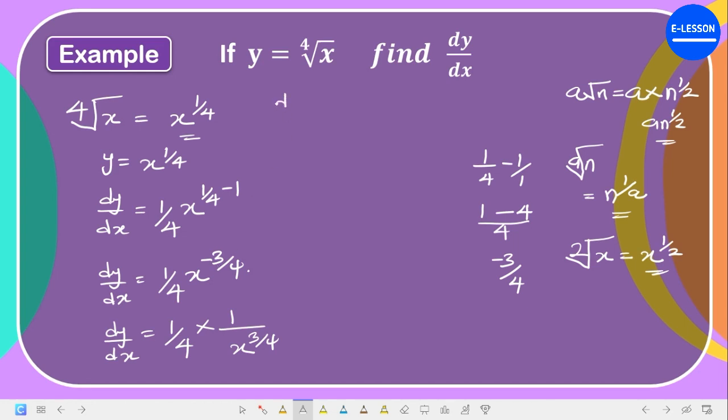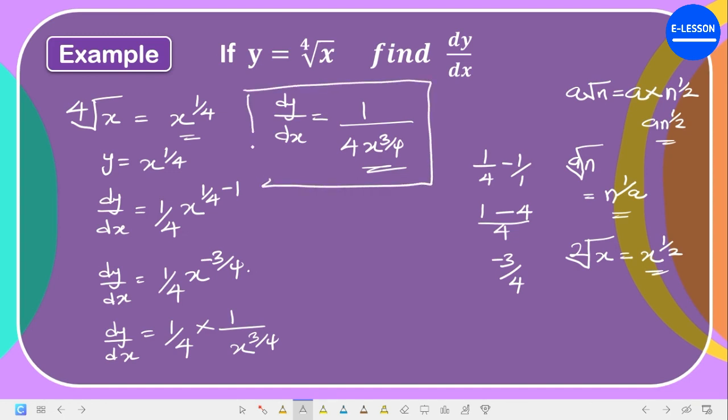So our dy dx would be equal to 1 times 1 is 1 all over 4 times this is 4x raised to the power of 3 over 4. Now this is power 3 over 4. Please take notes. Now this is the solution to this question.